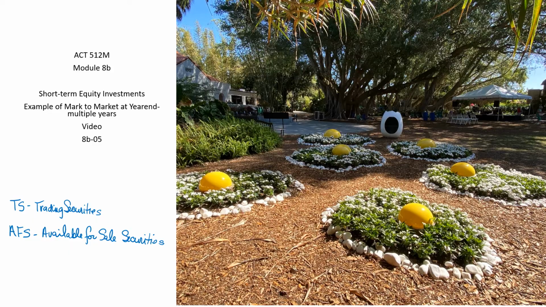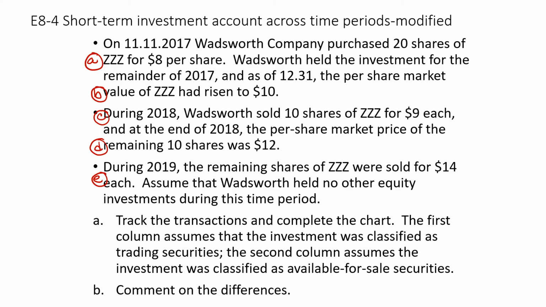So let's get started. In the first year, which is 2017, we purchased 20 shares of ZZZ for $8 a share. And then as of the last day of the year, ZZZ's market price is $10 a share, so we'll need to mark it up to market.